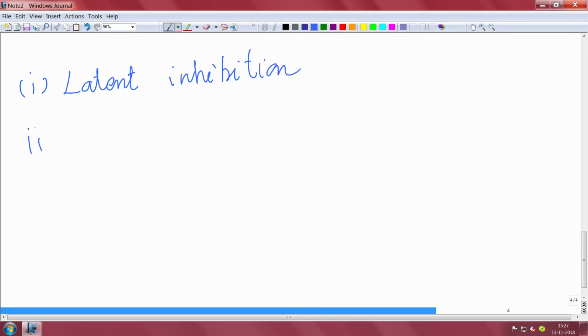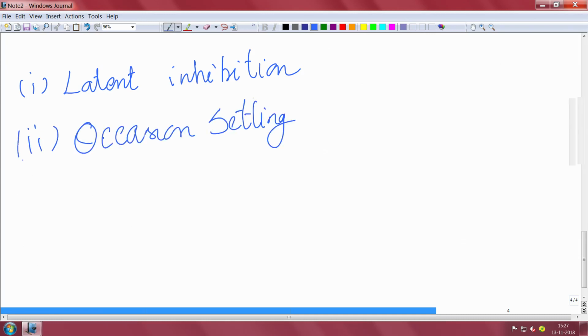And second, we will be talking about something called occasion setting experiments. There is also a third, which is that the model inherently makes an assumption that in a compound stimulus the responses are additive.